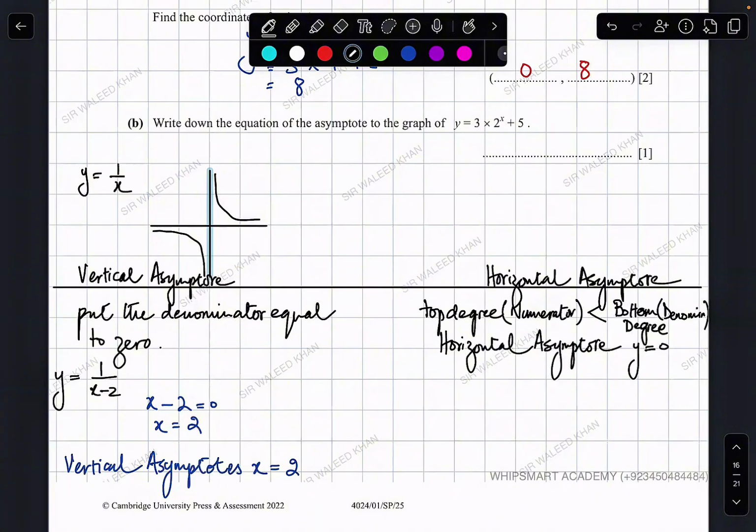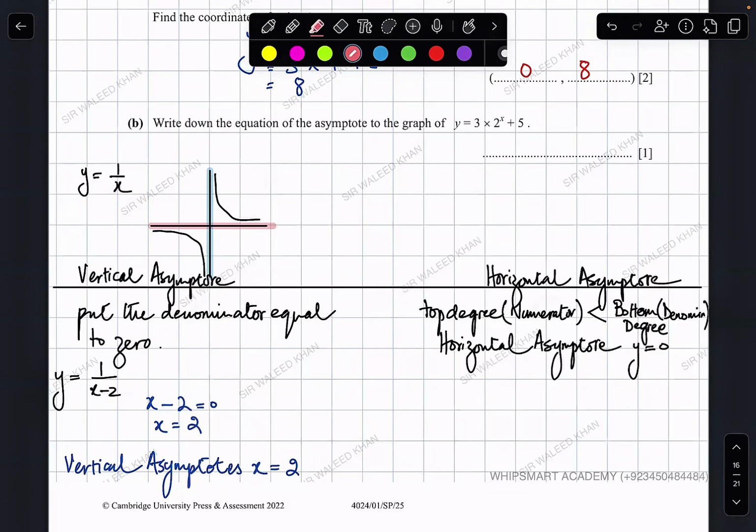For this case, you can see that the graph is avoiding this line, y is equal to 0. The x-axis is considered to be y is equal to 0. So the graph is avoiding this line. Now there is one more thing.